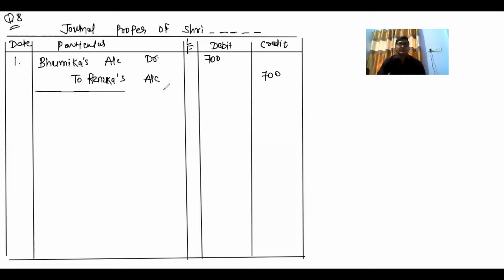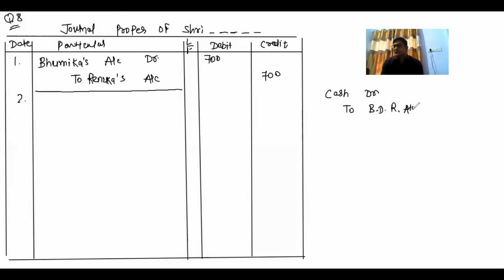It is very simple. Second one, 1,000 received from Updesh for bad debts written off. Bad debts written off we have already completed in journal entries, where the simple entry is cash account debit to bad debts written off.